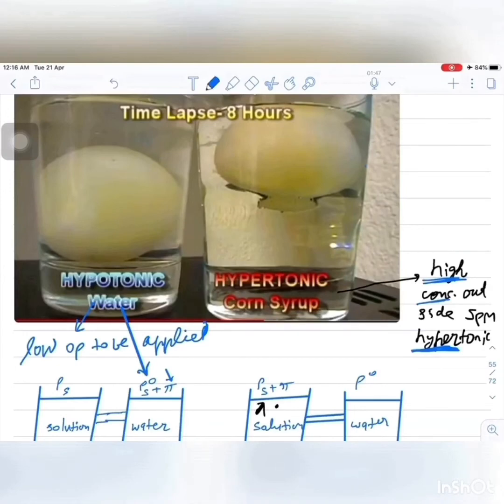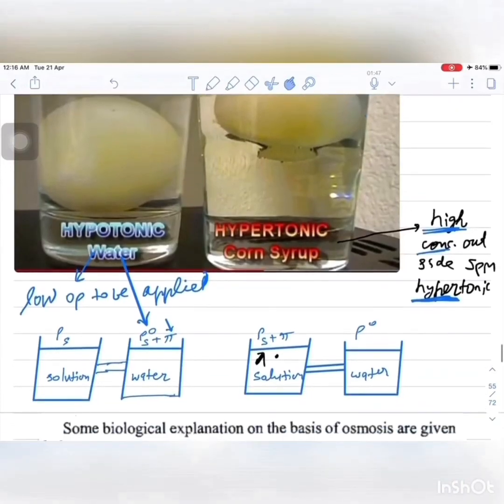Now in the second case, corn syrup has very high concentration, so vapor pressure on the corn syrup side is very low. Because vapor pressure on the corn syrup side is very low, water molecules will flow to the corn syrup side. If we want to stop the flow of water molecules, the pressure required is osmotic pressure.